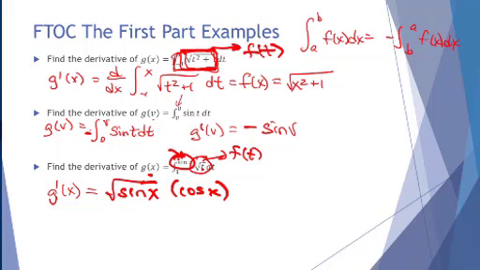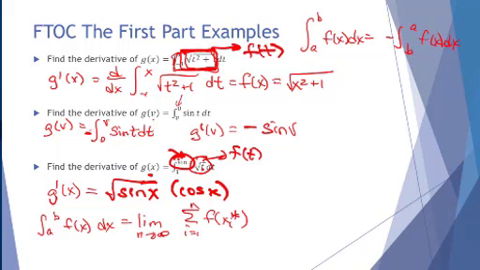So the first part of the fundamental theorem of calculus shows us that derivatives and integrals undo each other, which I gotta tell you is very helpful. I would love if there were a way to use that to help us simplify the integration process, because I got to tell you, we've been using this one, right? The limit definition of the integral, that the integral from a to b of f of x dx is equal to the limit as n approaches infinity of the sum from i equals 1 to n of f of x sub i star delta x.